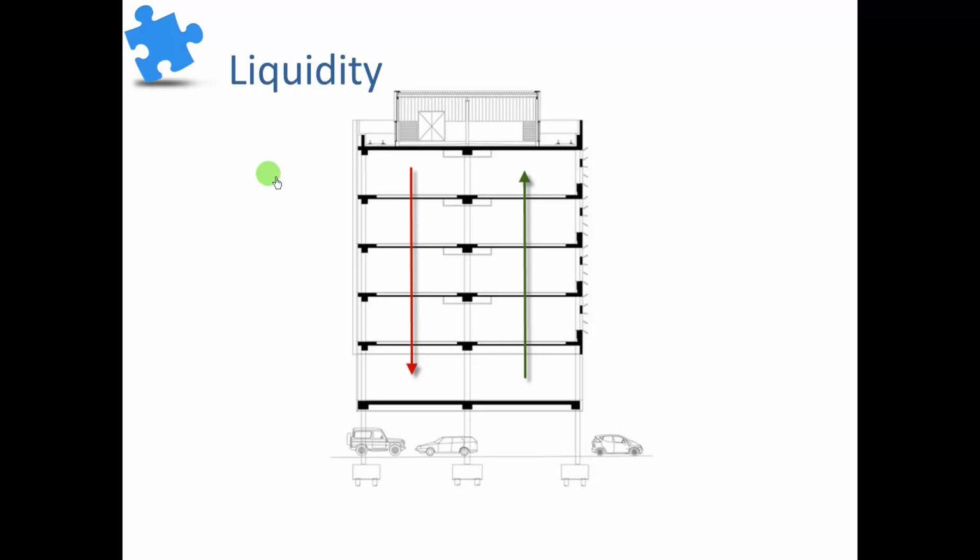When you trade, you're either providing or taking liquidity from the market, depending on the type of order you use.